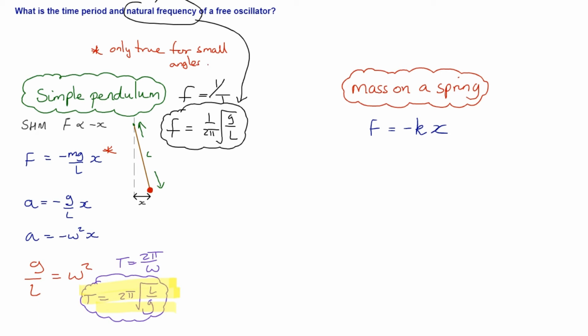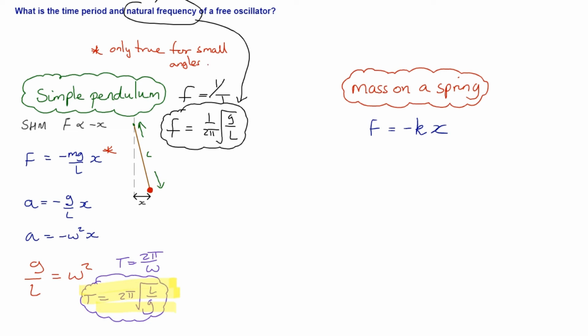Just bear in mind, sometimes you get systems in questions involving two springs or something else which is springy and obeys Hooke's law, and the system as a whole is described as having a spring constant k. But you can just think of it in exactly the same way. So F equals minus kx, and we're going to do the same process here.